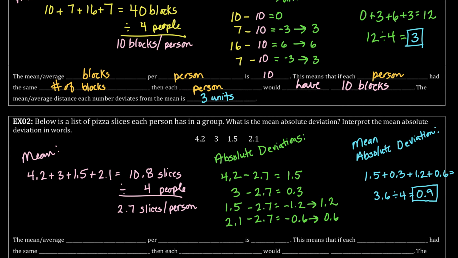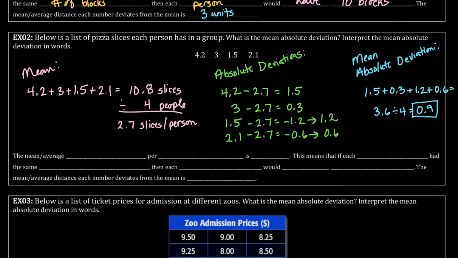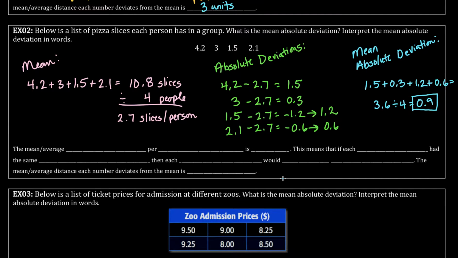So let's do our statement. I don't think I need to walk through the whole one, but I'll explain it. The average number of slices per person is 2.7.